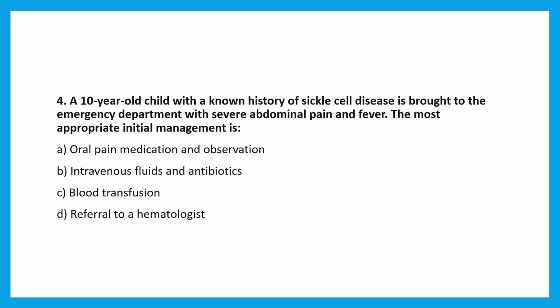Question number 4. A 10-year-old child with a known history of sickle cell disease is brought to the emergency department with severe abdominal pain and fever. The most appropriate initial management is, okay, 10-year-old child. What do they have? Sickle cell disease.